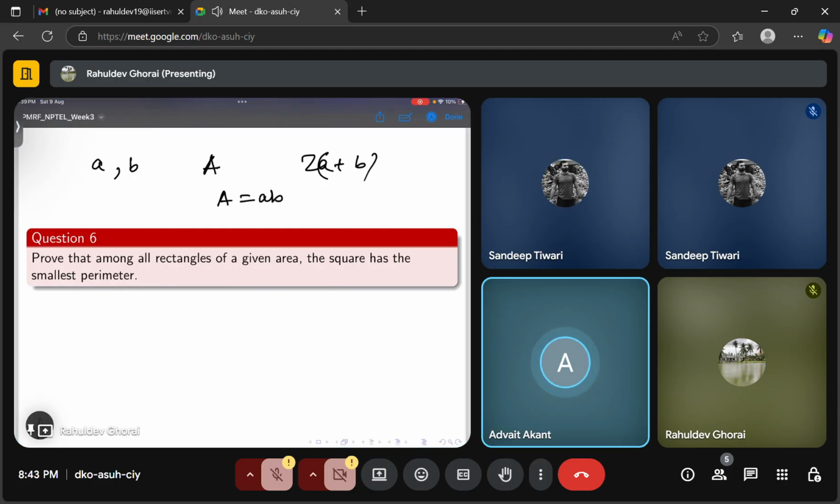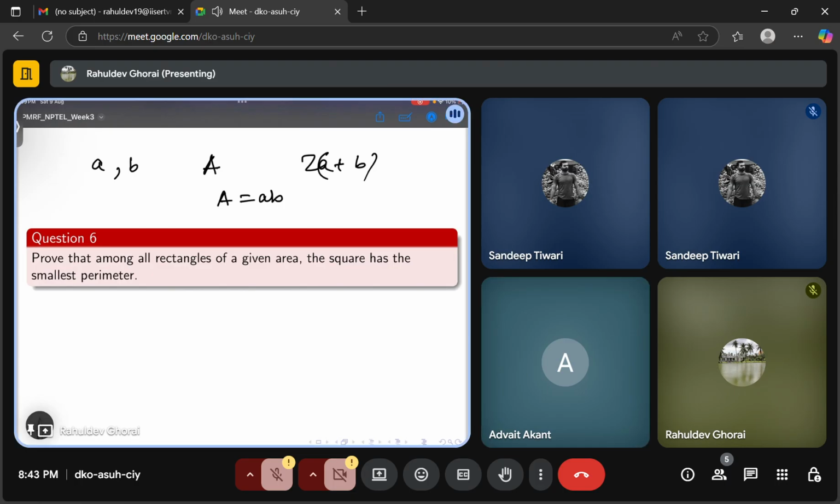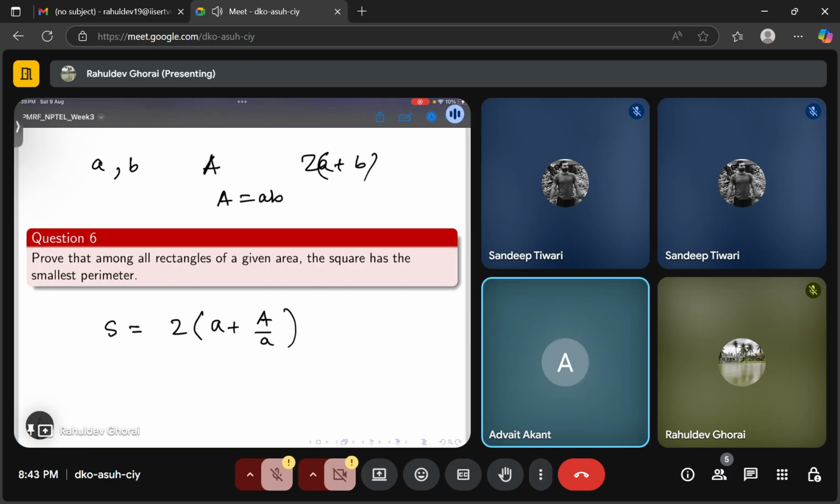So we can find small b in terms of capital A and small a. That is 2 times a plus A over small a. That is the perimeter. Let's say S. We have to maximize this.